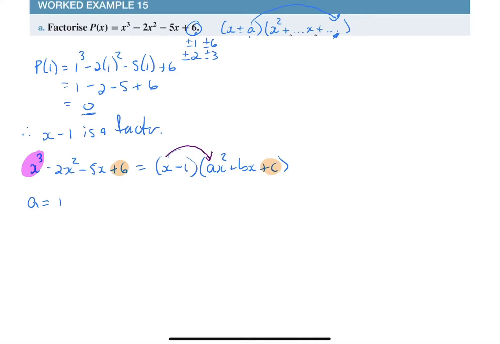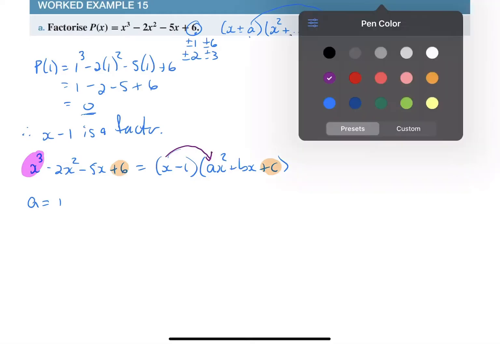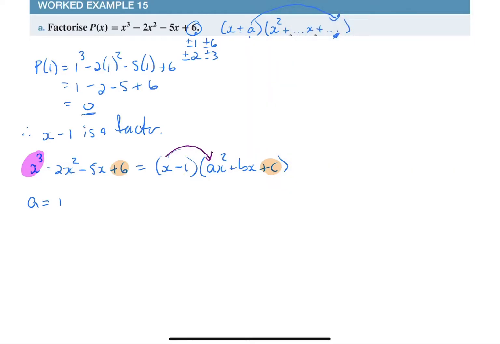The only way I can get to 6 is if I multiply minus 1 with c, so minus 1 times negative 6 will give me positive 6. So I can see that c needs to be negative 6, because negative 1 times negative 6 will give positive 6.